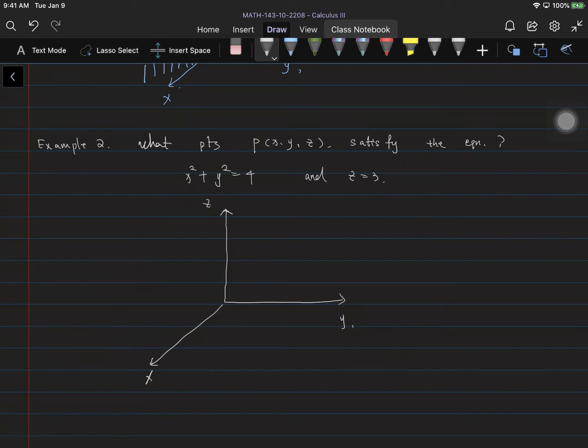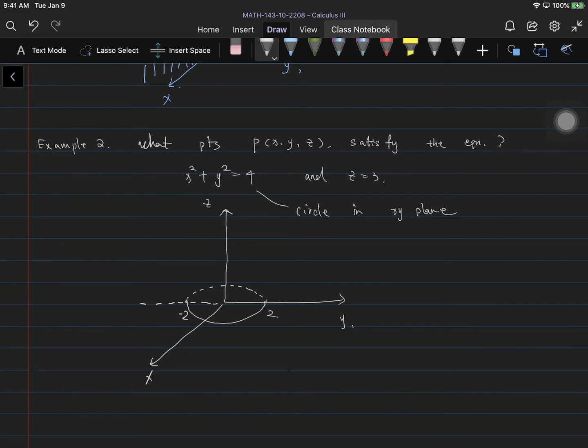Now x squared plus y squared equals 4. We know that's a circle. This is a circle in the xy plane, right? So we want to draw a circle, and the circle has radius 2. And because in 3D usually we don't draw a circle like a real circle, we draw it this way, as an ellipse. Okay, something like this.